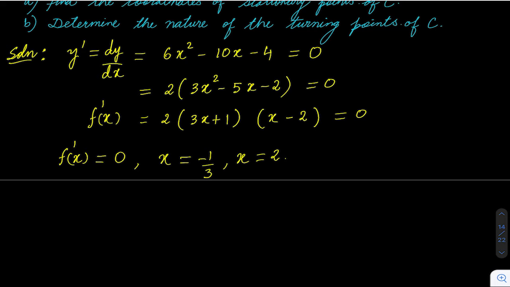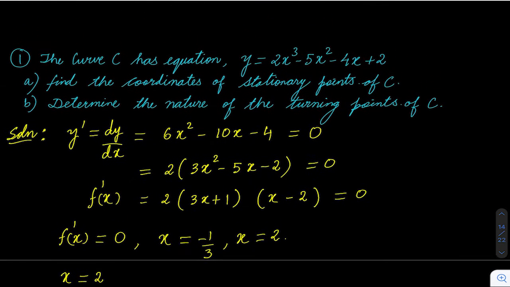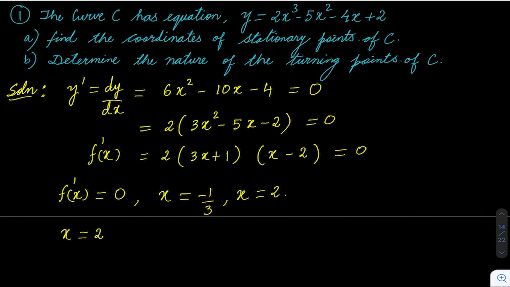And remember, once you have the x value, we have to find the y value also for the stationary points. So when x is 2, let's find the y value.